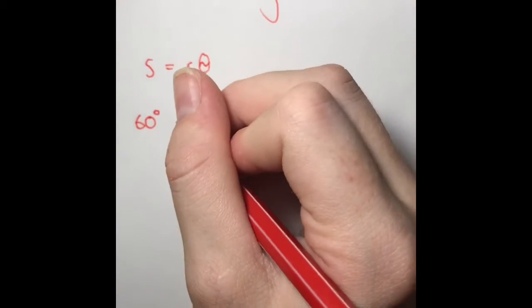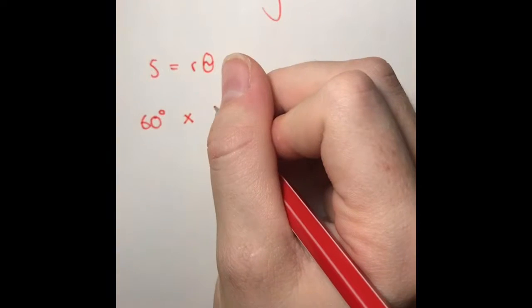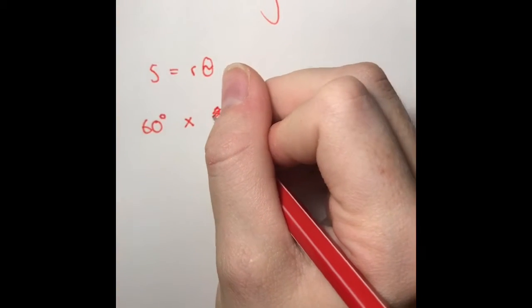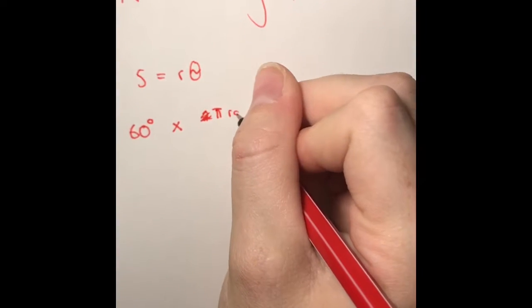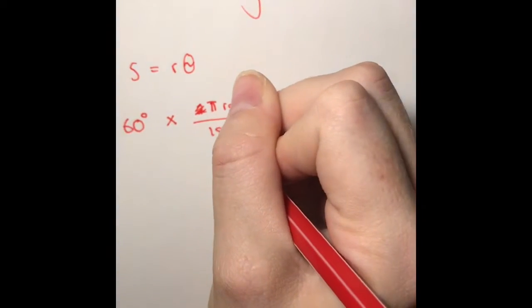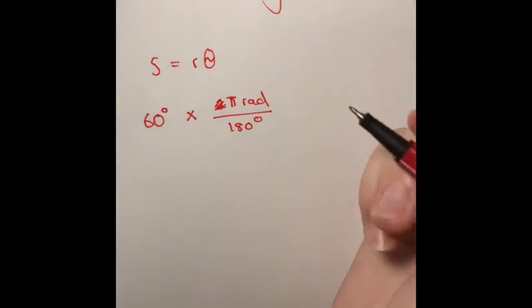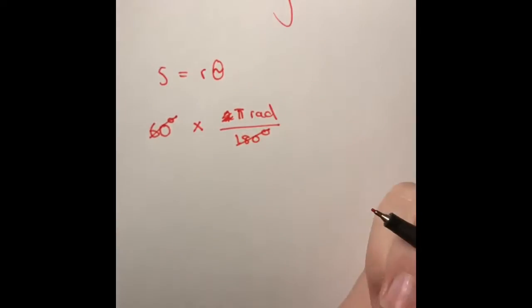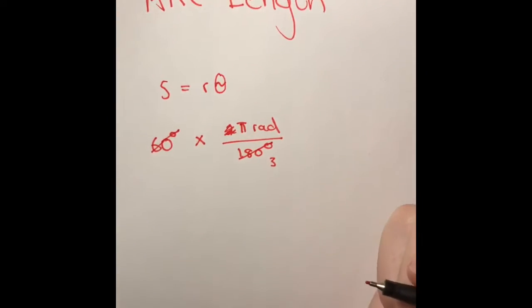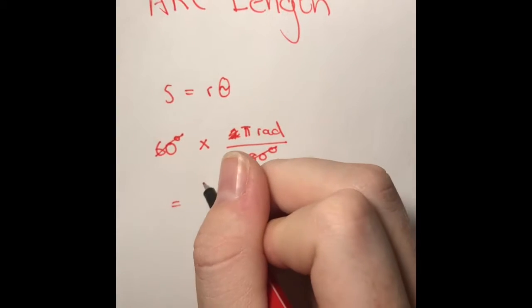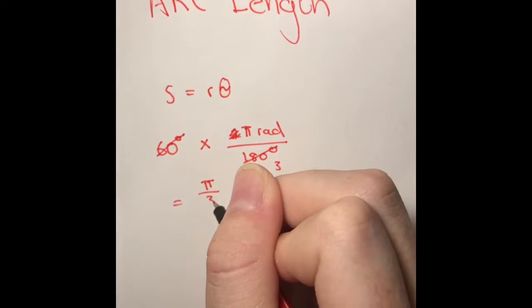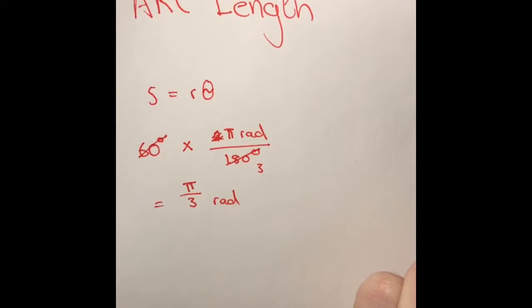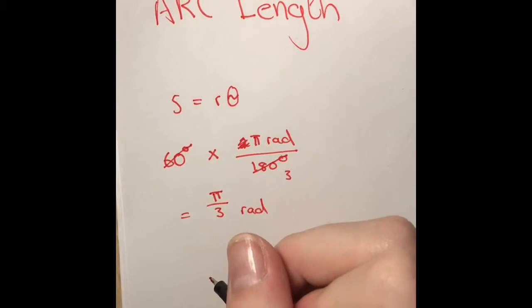To convert that to radians, I'm going to multiply that by 2 pi radians over 180 degrees. Then 60 and 180 cancel out into a multiple of 3, and I'm left with pi over 3 radians.